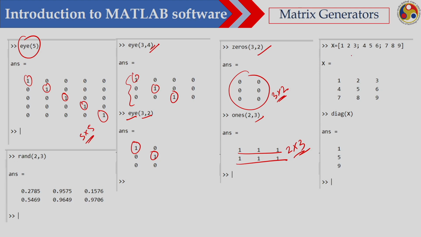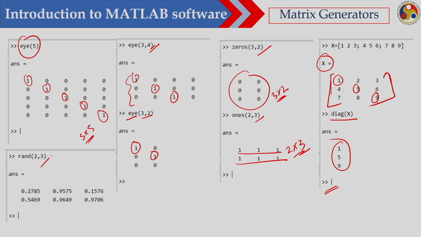And then I have created this particular matrix, x equal to 1 2 3 4 5 6 7 8 9. So, this is the matrix I have created, and I would like to get the diagonal elements, that means 1 5 and 9. So, I will use diag x. So, I am getting the diagonal values, 1 5 and 9.